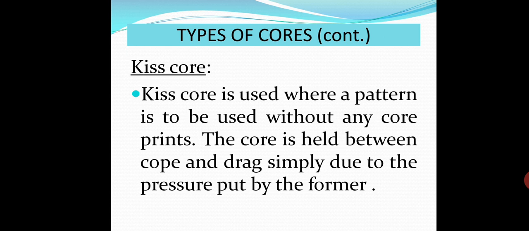I have discussed that the pattern creates a seat to keep the core. That seat is known as a core print. But here no core print is used. The core is held between the cope and drag simply due to the pressure put by the former.